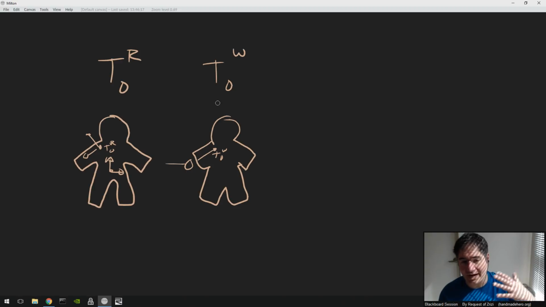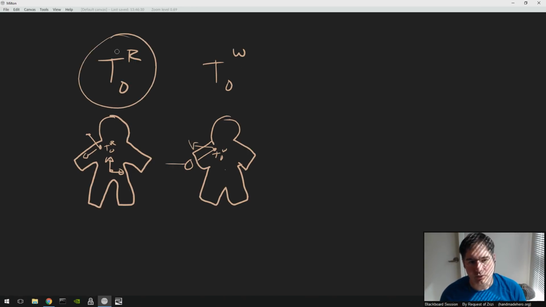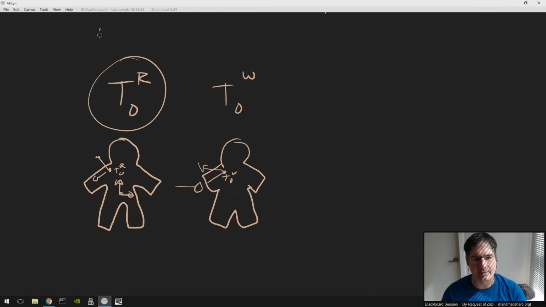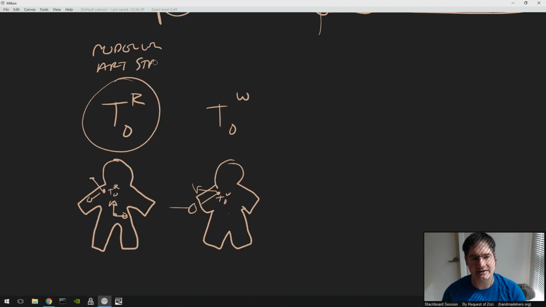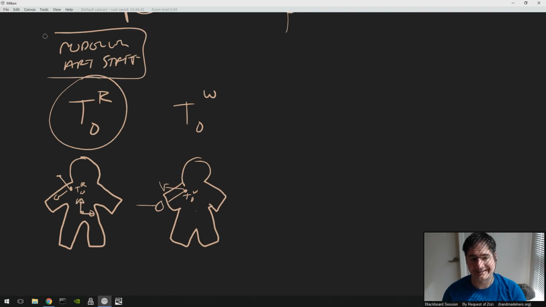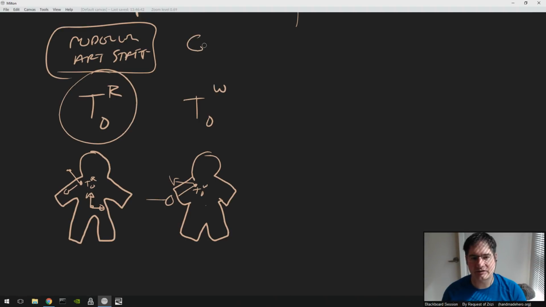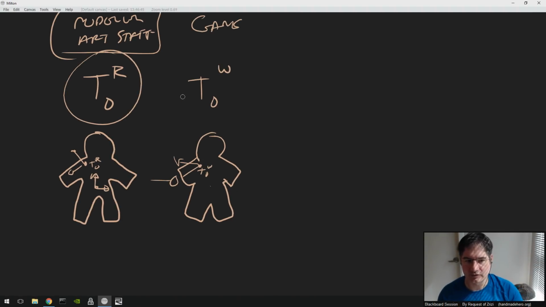And that's just whatever it has to be. If I'm rotating my shoulder, if this was coming up, then T0 has rotated upwards, but it stayed in one place. If the shoulder is sliding out a little bit, then it's going to do that. If it's moving because the guy is moving, then it's going to do that. So I have a rest pose TR. This is what the modeler made. This is what the art staff made. Okay? Exactly what they made. And this is what's in the game that we're trying to produce.